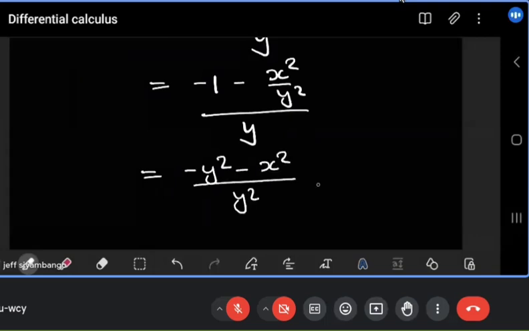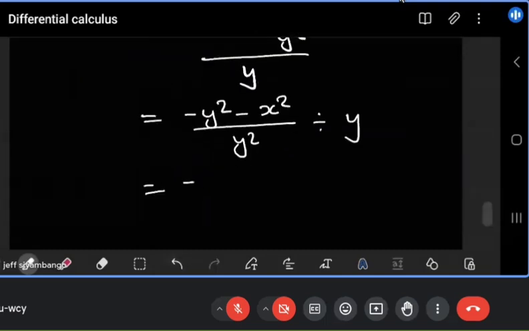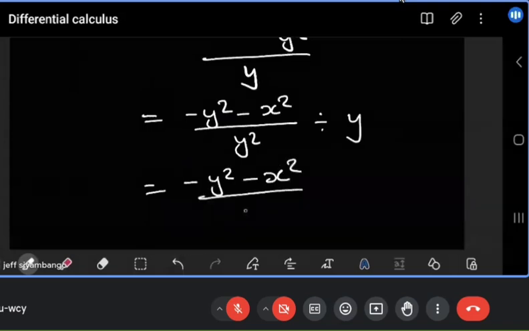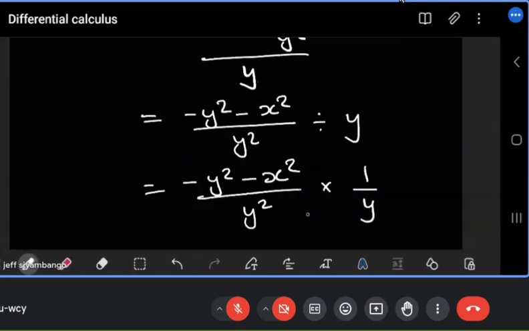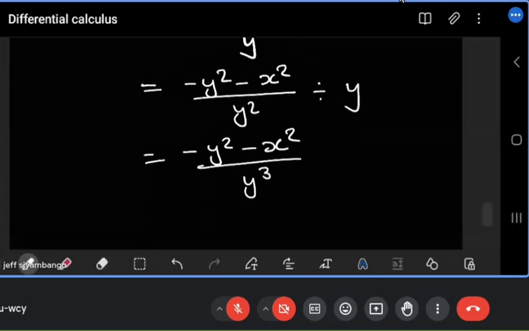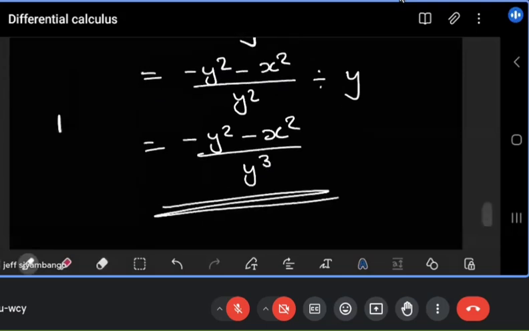That's just the numerator. In the denominator, we still have this y here. So that finally, we see that this is minus y squared minus x squared over y squared multiplying 1 over y. So that when you multiply, now you will see that this will just be y to the power 3. So this becomes the second derivative.